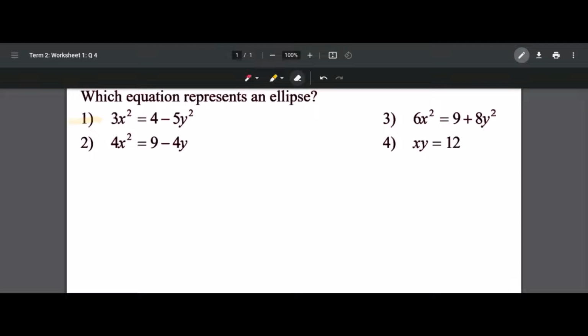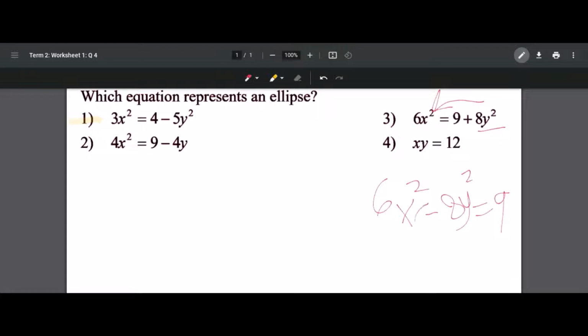For choice number 3, which is 6x squared equals 9 plus 8y squared, we move the 8y squared to the other side and change its sign from positive to negative, and we get 6x squared minus 8y squared equals 9.